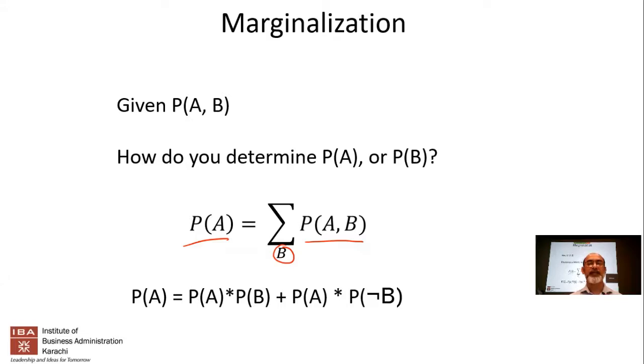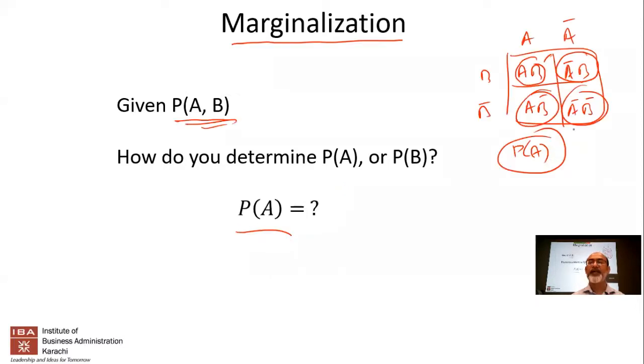Okay, so that should be clear now. And similarly, if I say that what is the probability of B, it would be what? So you would do a summation horizontally over here for all possible values of A. If I said what is the probability of B bar, what would you do then?